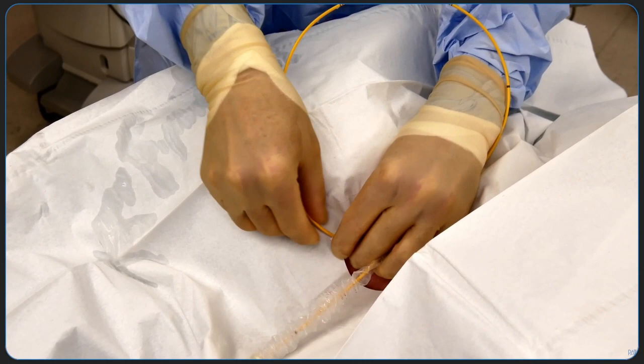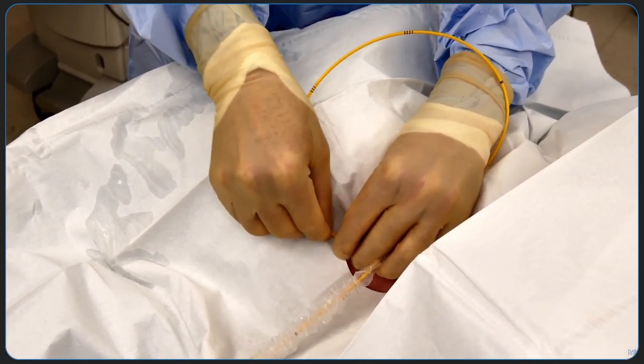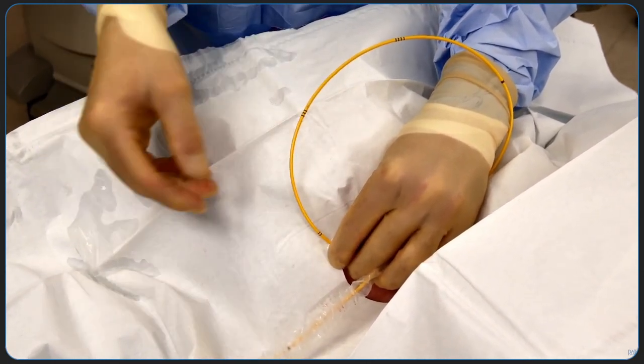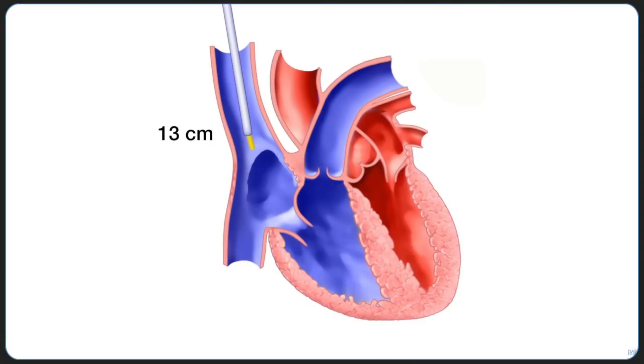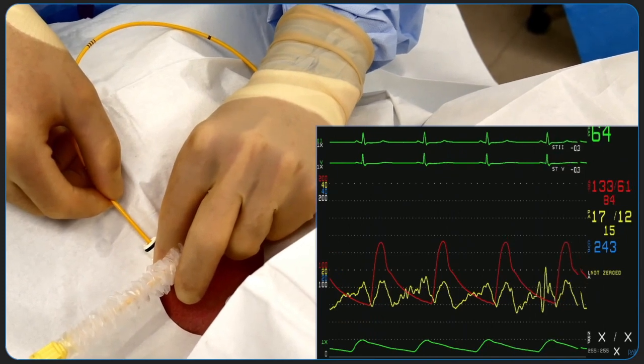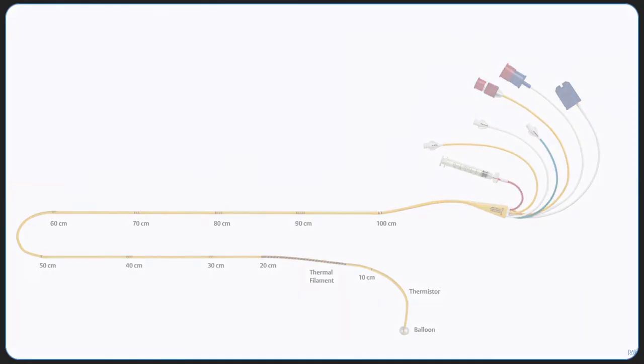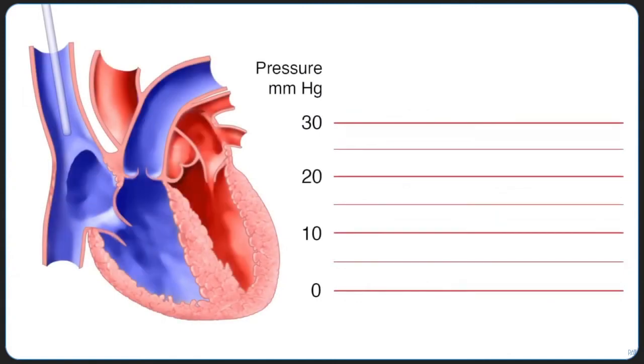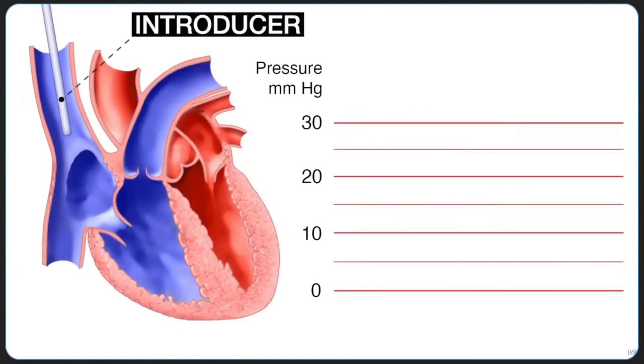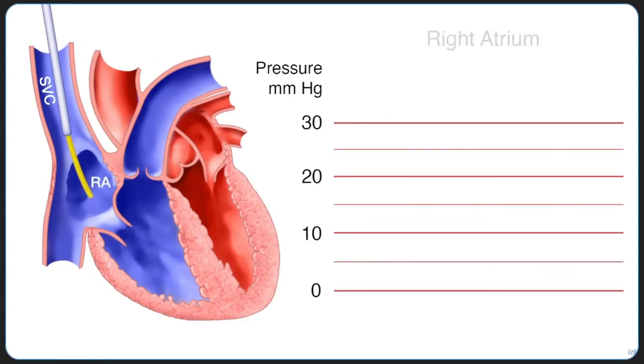We can see here that we are inserting through the venous sheath. Usually at 13 centimeters, the tip just passes through the venous sheath, and we pause at 20 centimeters where the balloon will be inflated. Once the catheter is passed through the venous sheath, it goes to your right atrium, and here we could see the waveform of the CVP, or your atrial waveform.